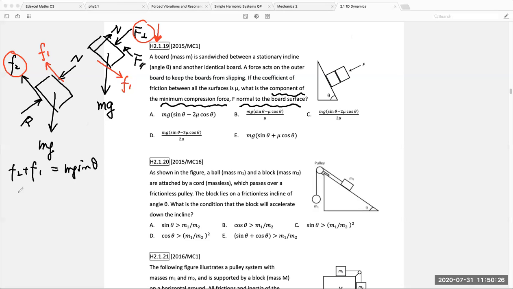And then N equal to F perpendicular plus mg sine theta. And then R equal to F perpendicular plus 2 mg sine theta. And then F is smaller than mu times N.